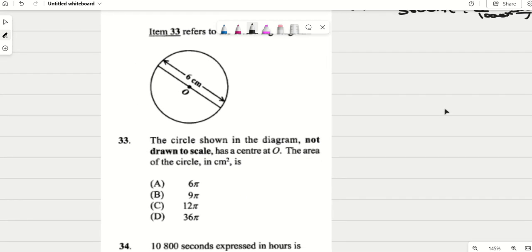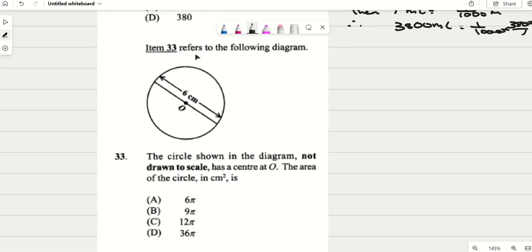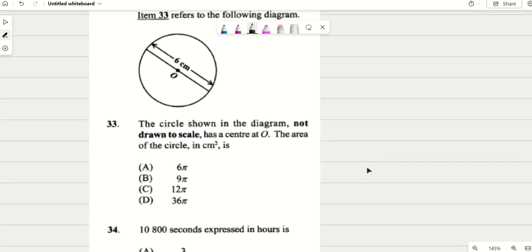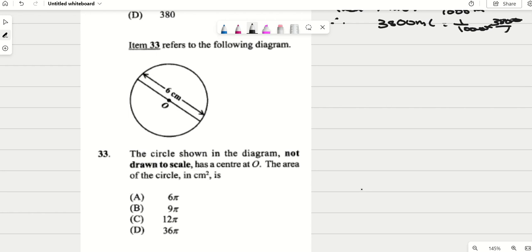This question here is a repeated question as well. Item 33 refers to the following diagram. The circle shown in the diagram, not drawn to scale, has a center O. The area of the circle is in centimeters squared. They want the area of the circle. So area of a circle is pi r squared. They give you the diameter.